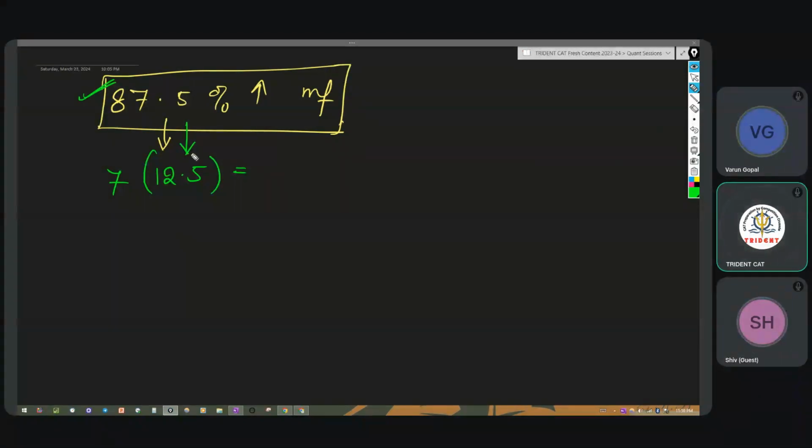The nearest multiple that I know is 12.5, and I know a fraction equivalent of that, which is 1 by 8. So it's the iterations that I have done that make a couple of patterns visible to me. If you go through the practice exercises and class exercises, you will also start seeing the pattern. It's not like I'm doing some tantra mantra over here.